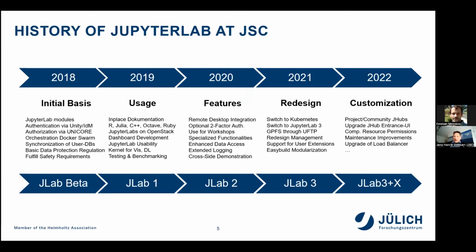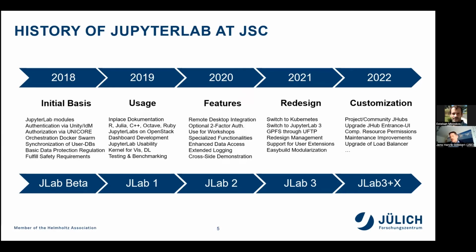New features in 2020 included remote desktop integration and two-factor authentication. Also, of course, workshops, making it less complicated to use for workshops. And in 2021, we really did a big redesign of the underlying system, going from Docker Swarm to Kubernetes, and getting the connection to our storage system. That's of importance.